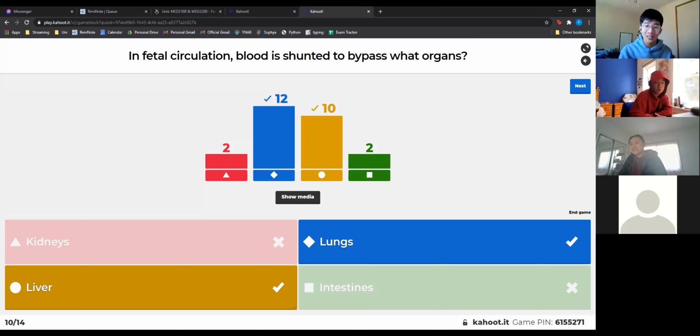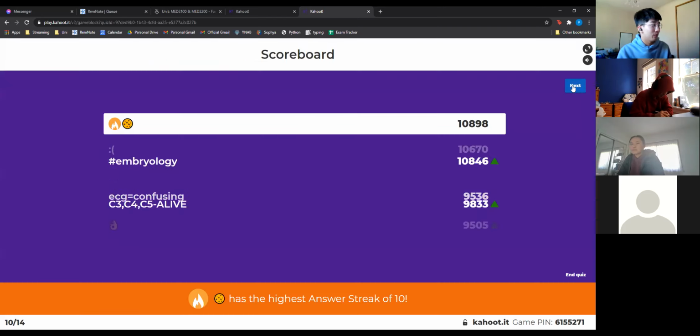The ductus venosus eventually becomes the ligamentum venosum, and then for the lungs, it becomes the ligamentum arteriosum, but it used to be the ductus arteriosus. Yep. I think there's a question later on it, so we'll get to it then. So liver and lungs, the two doubles, is what it bypasses.